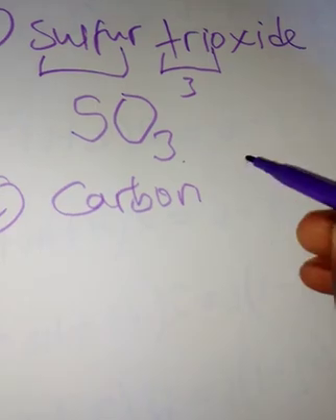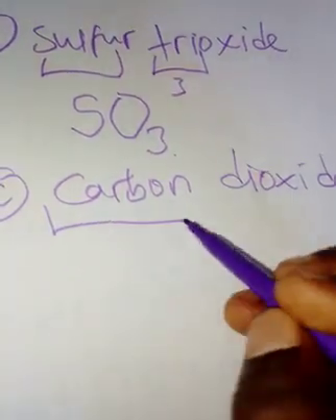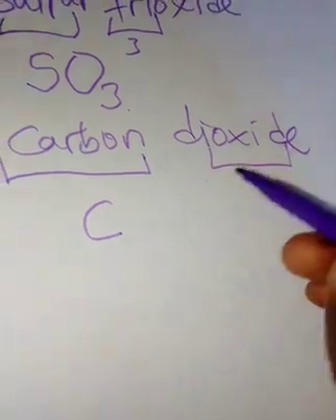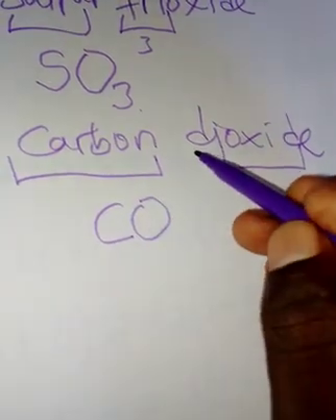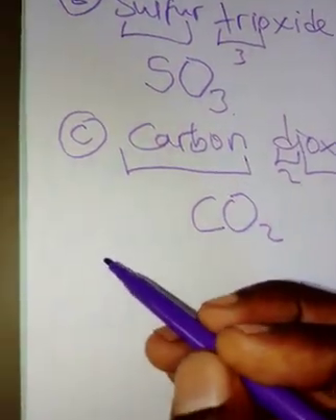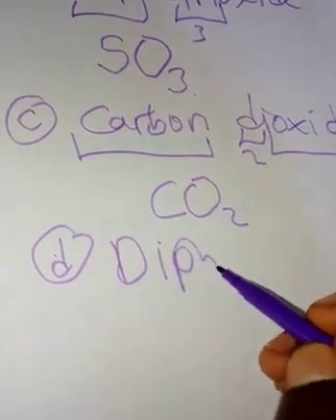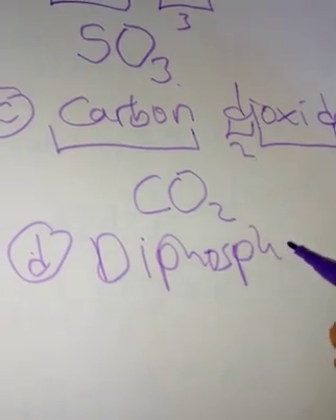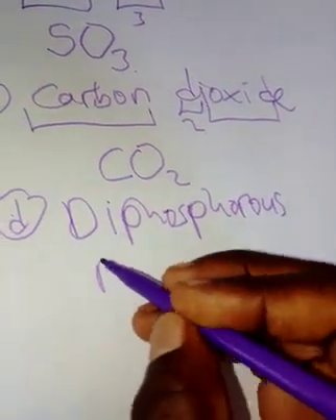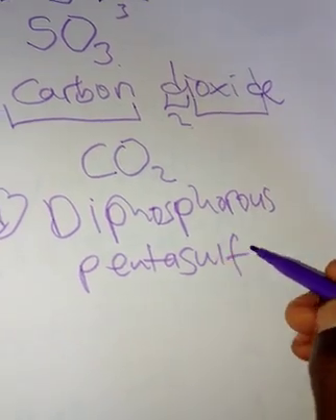Carbon dioxide. So carbon, first element, you write C. Oxide, so this is O, then this is di for 2, carbon dioxide. What about this one? Diphosphorus pentasulfide.